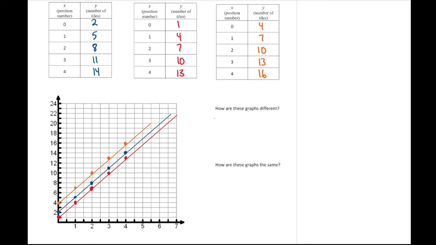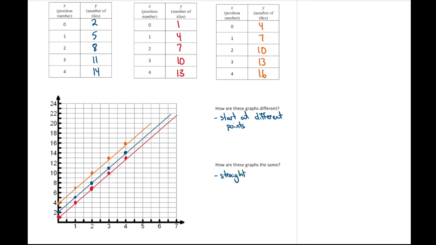What's different about them? They start at different points. Because we see they all have a different starting point. How are they the same? By looking at them, we could say that they're all straight lines.